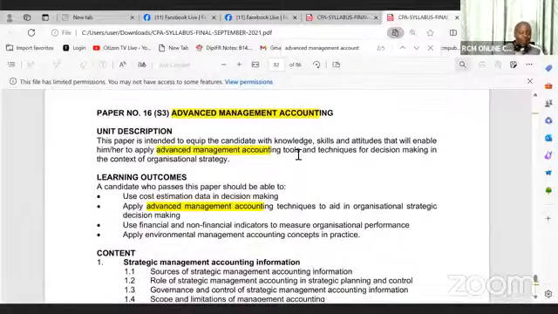A candidate who passes this paper should be able to use cost estimation data in decision-making. Apply advanced management accounting techniques to aid in organizational strategic decision-making. Use financial and non-financial indicators to measure organizational performance. Apply environmental management accounting concepts in practice. Use cost estimation data in decision-making.